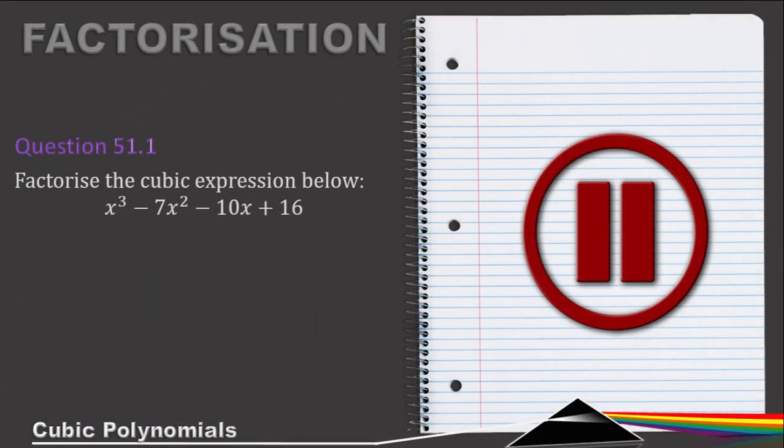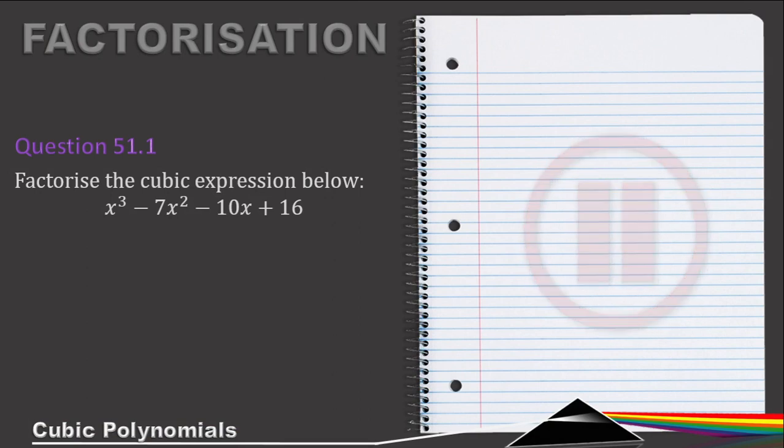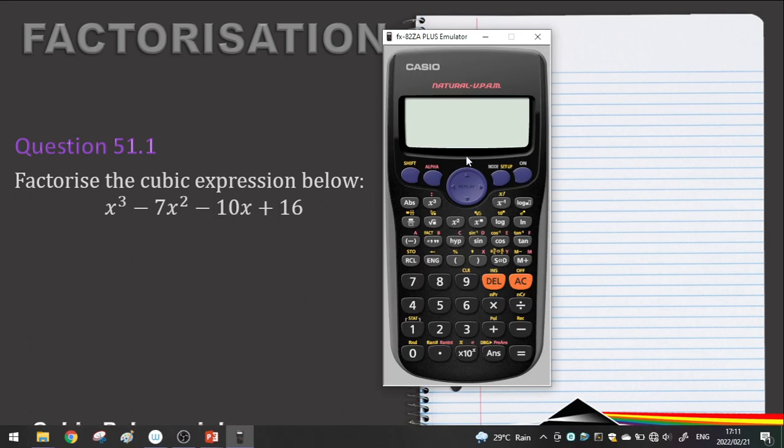Right, so this is where the questions start. Factorize the following cubic expression below. And we're going to look at our calculator again. We type in the entire thing. So let's start with 1 to the power 3, then minus 7 times 1 to the power of 2, minus 10, and then plus 16.